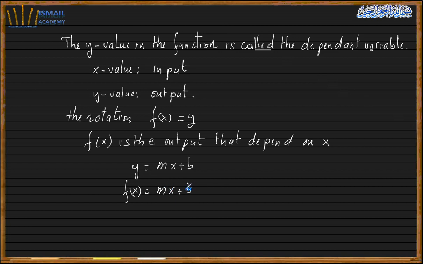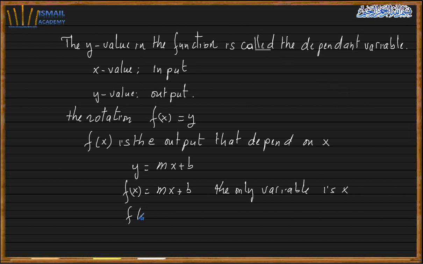The m and the b, even though they are letters, are not variables. So f of x tells me that the only variable in this expression is x.